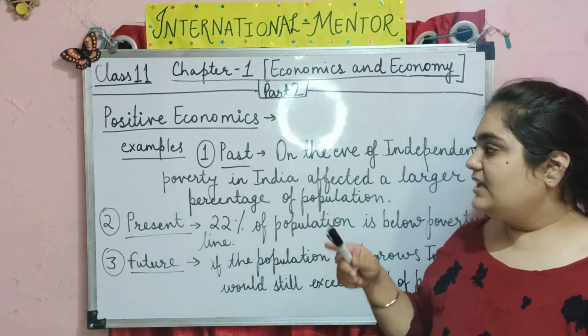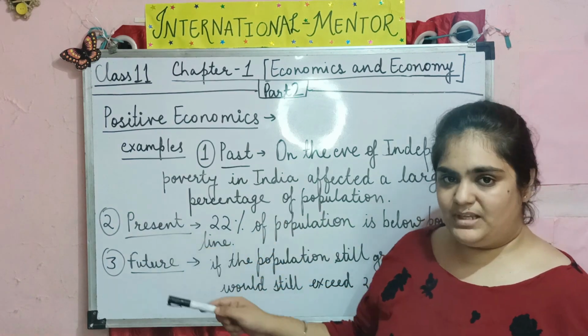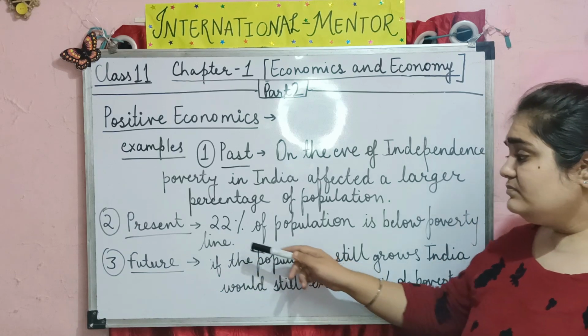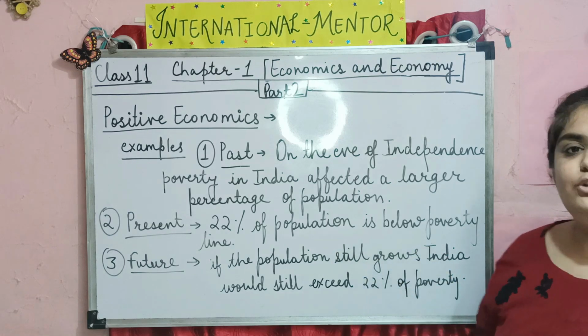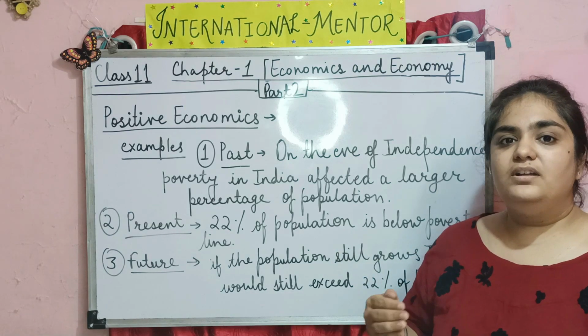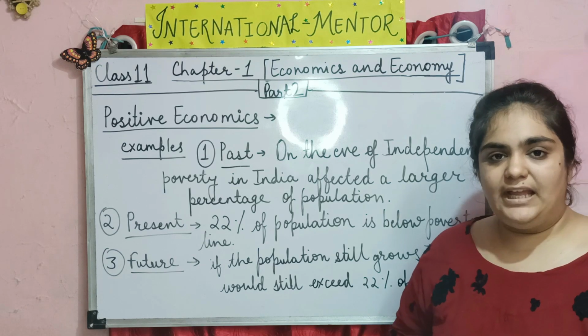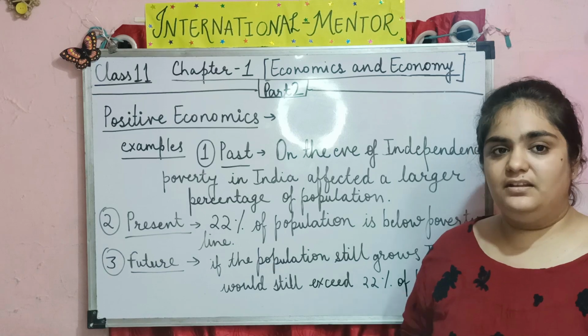Then, according to the past facts and figures, we estimated in the present that 22% of the population is below the poverty line. Still the population is under the poverty line, because the population is gradually increasing.